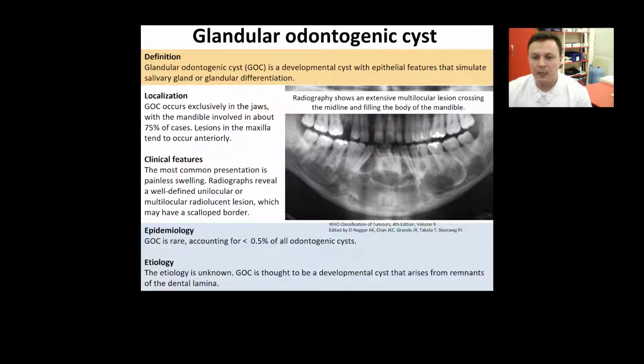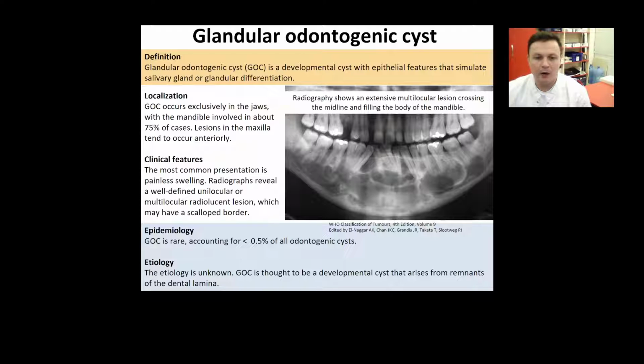Radiographs reveal a well-defined unilocular or multilocular radiolucent lesion, which may have scalloped borders. GOC is typically associated with the roots of multiple teeth, and tooth displacement or root resorption is common.